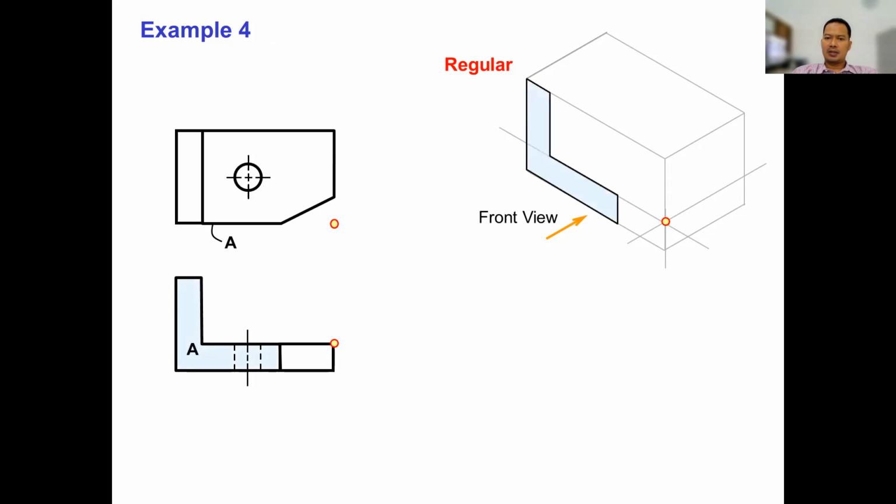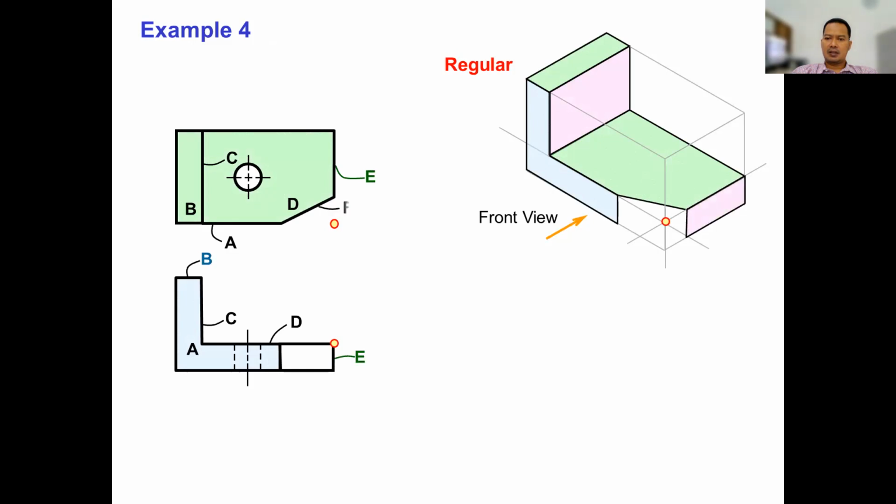So put this one in here, and B is here, and then the C, face of C, and then the D is over here, and then E is in here, and then F here. So you will get the isometric drawing.